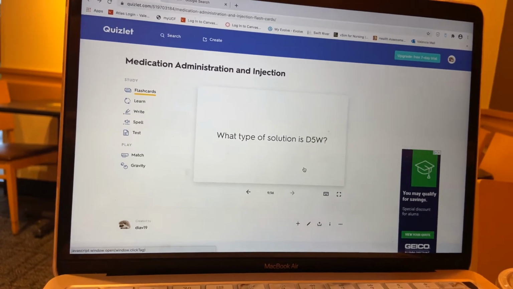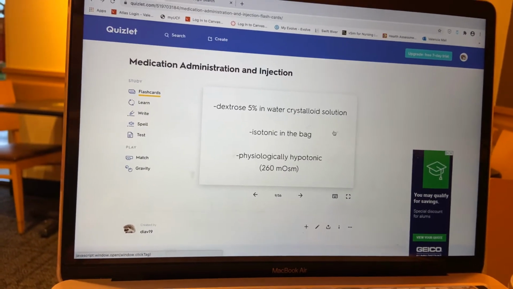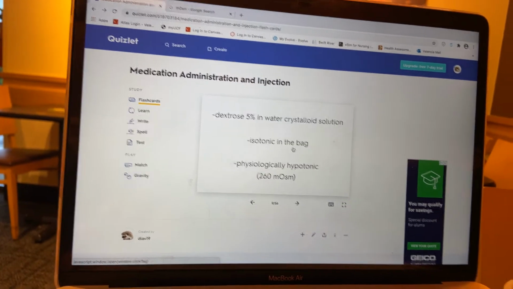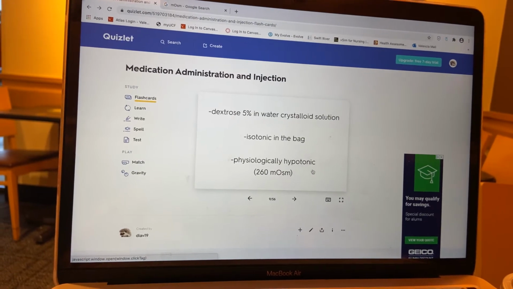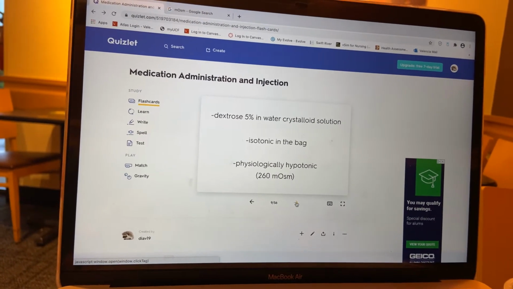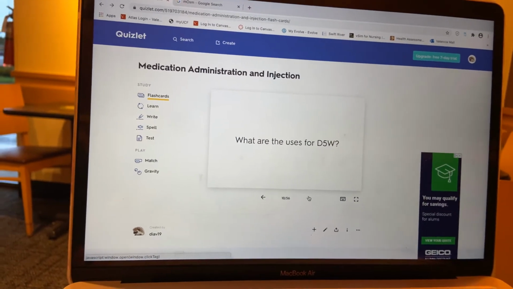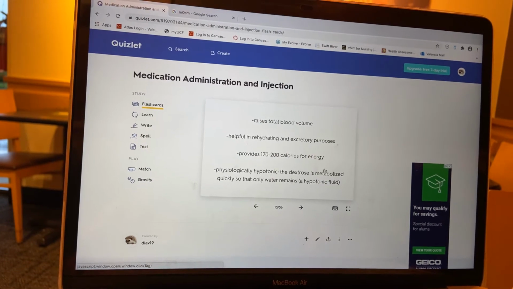What type of solution is D5W? It's dextrose 5% in a water crystalloid solution. It's isotonic in the bag, but physiologically hypotonic. What are the uses for D5W? It raises total blood volume.